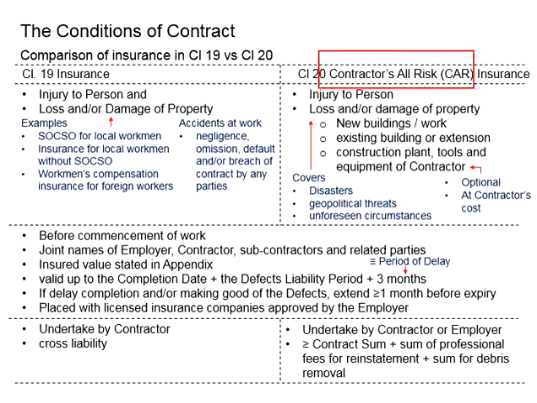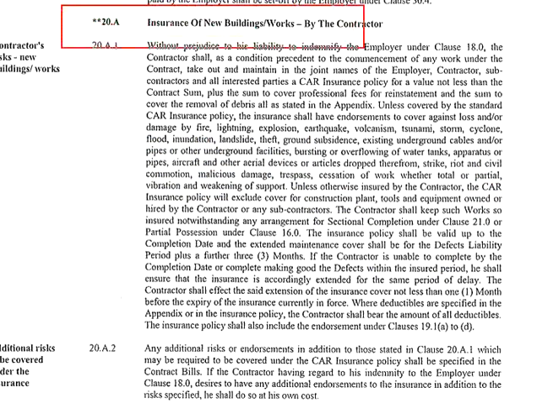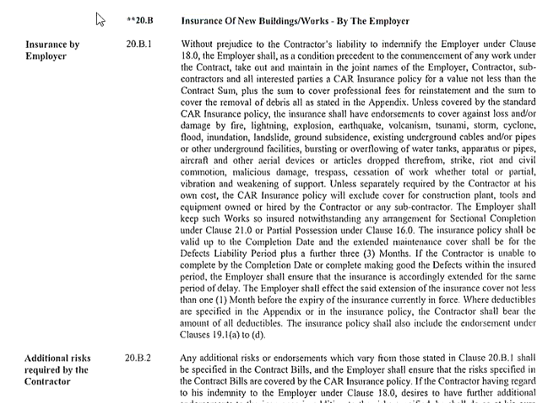As for the contractor's all risk insurance, especially when we talk about the insurance for the new buildings or the work, the insurance should be undertaken by the contractor or the employer. Either side will do. Whoever is undertaking the insurance should have been made clear during the tendering process. You see, in the PAM contract there are clause 20A and clause 20B.